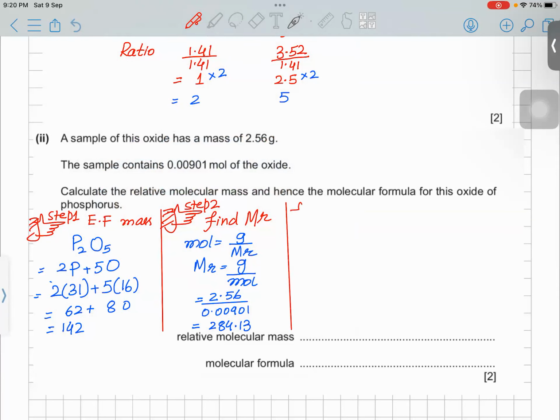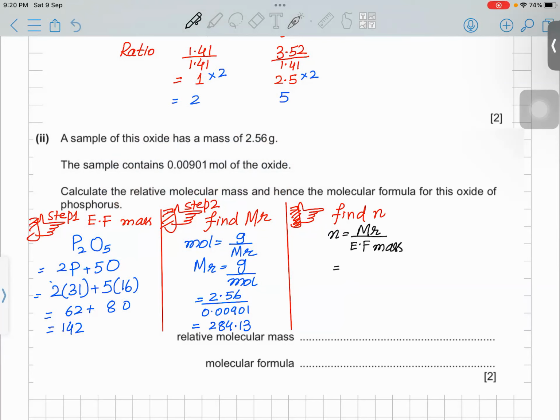Now step 3, find N. N is equal to MR divided by empirical formula mass.